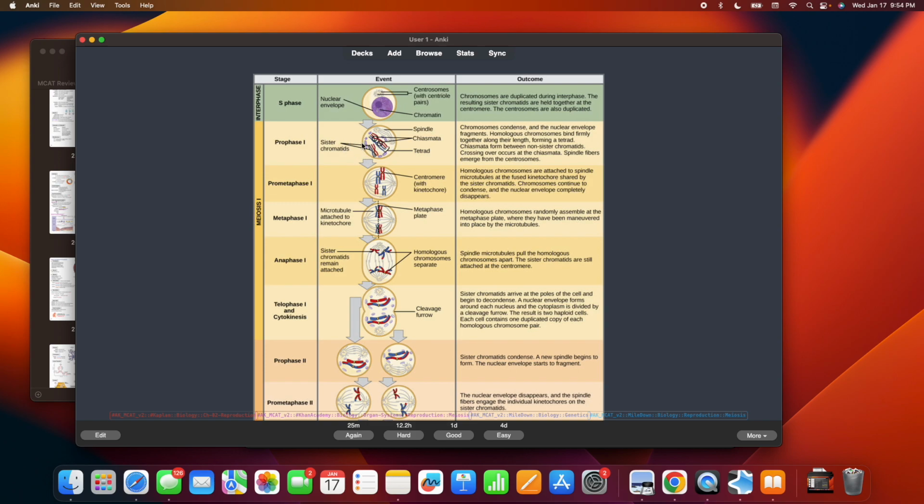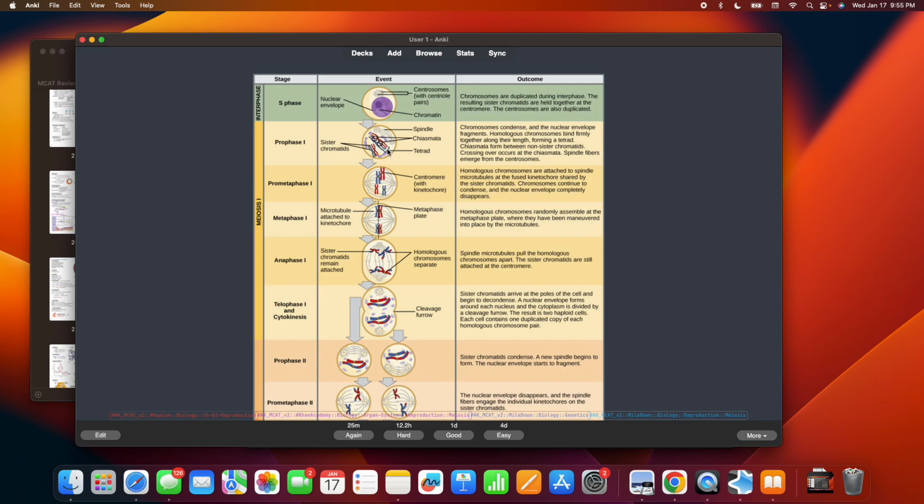Now we have prophase 1, in which you can see these are duplicated. You don't have the nuclear membrane anymore. So chromosomes condense. The nuclear envelope fragments. Homologous chromosomes bind firmly together along their length.